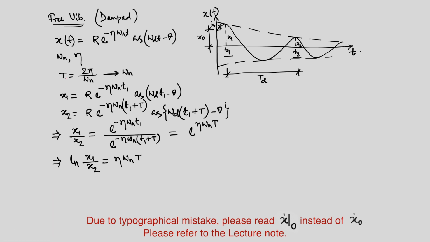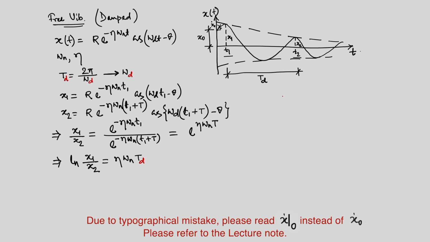We will have T d here, and then obviously the corresponding natural frequency will be omega d. From this relation we can find out omega d. We will find out omega n in a minute. So, this relation: ln of x1 by x2 is equal to, on the right hand side, eta omega n T d.